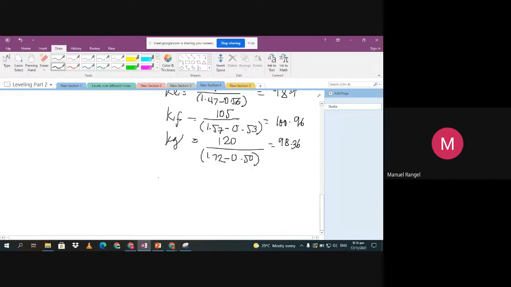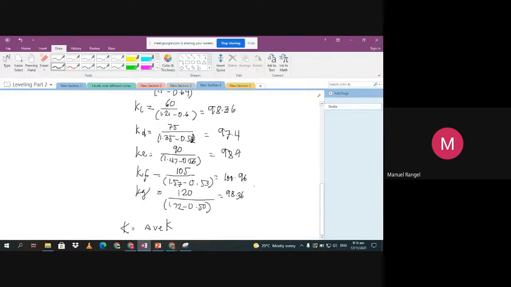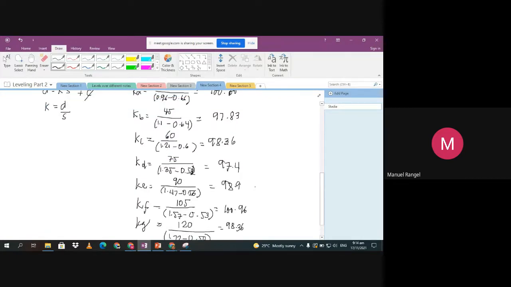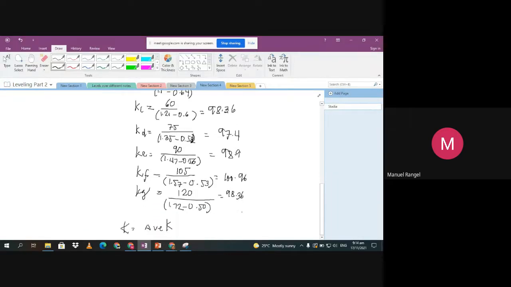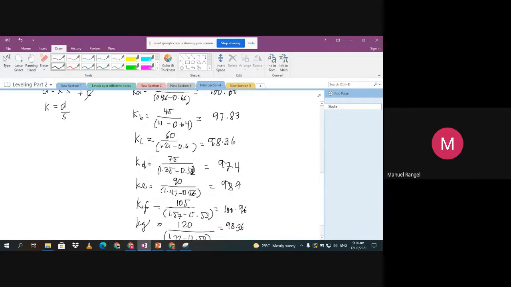Then the value of the K constant is equal to the average of K. So let's add 100 plus 97.83 plus 98.36 plus 97.4 plus 98.9 plus 100.96 plus 98.36 divided by 7, that is 2467 divided by 7.